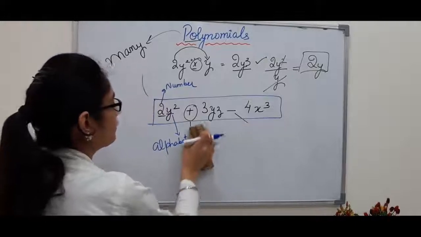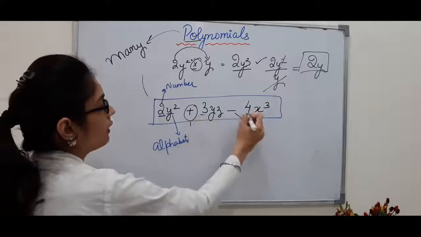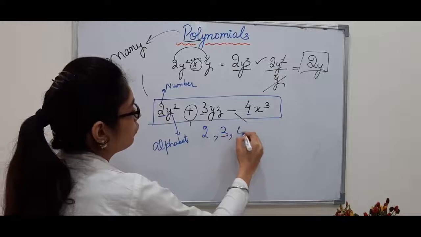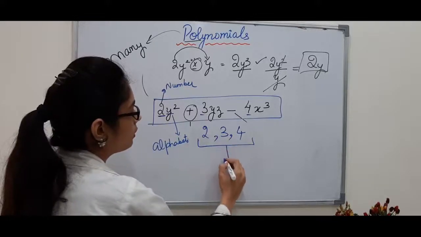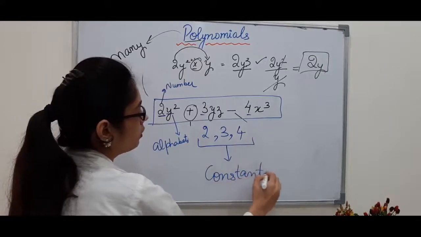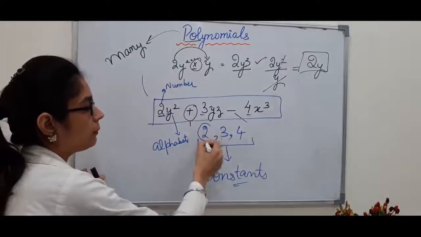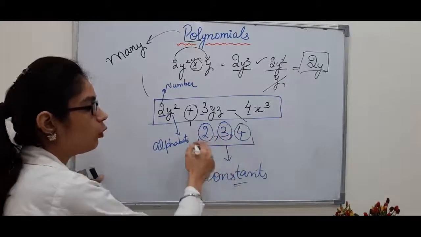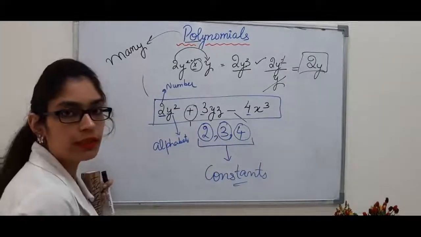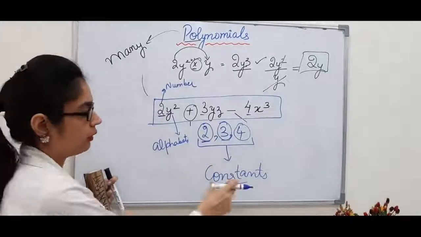In this polynomial I have three numbers, 2, 3 and 4. So all these numbers are constants. The meaning of constant is clear: these numbers will not change anytime. 2 will remain 2, 3 will remain 3 and 4 will remain 4. We cannot change them, due to which numbers in polynomials are known as constants.